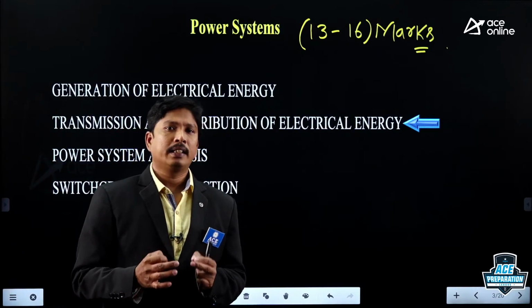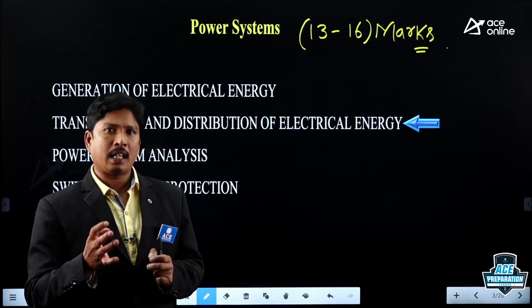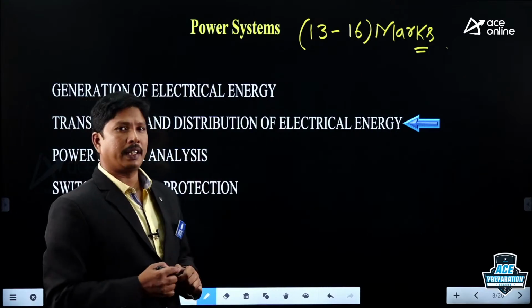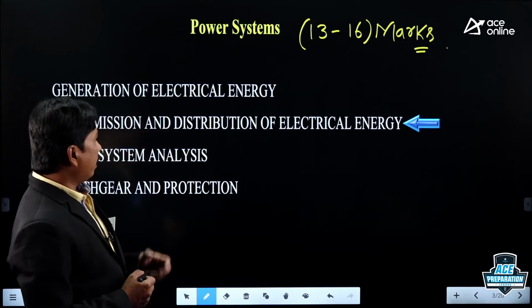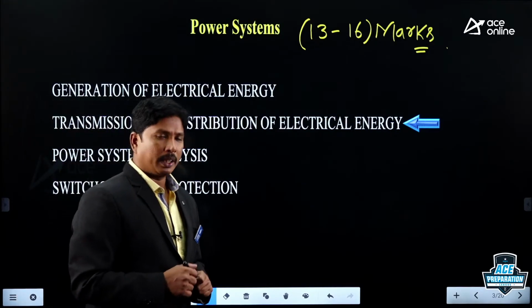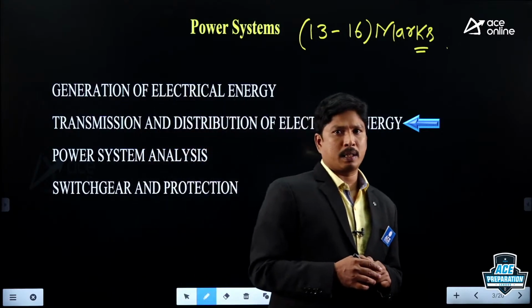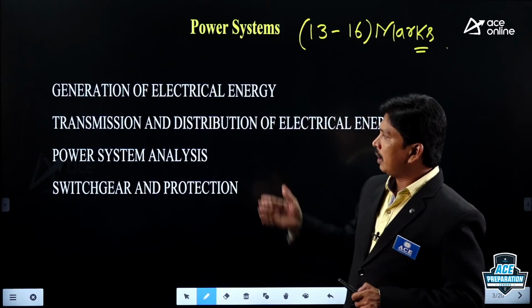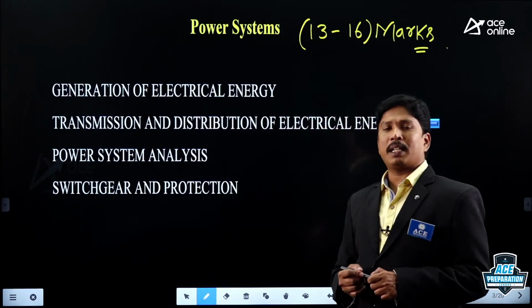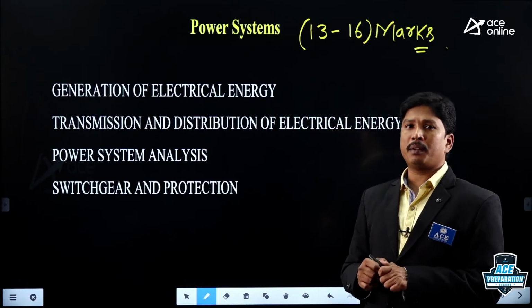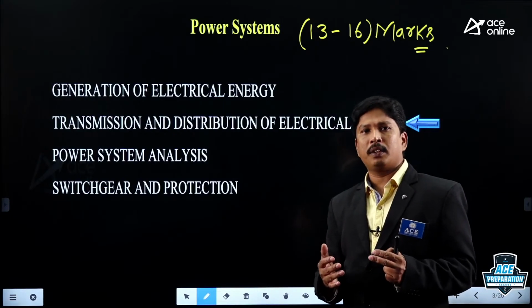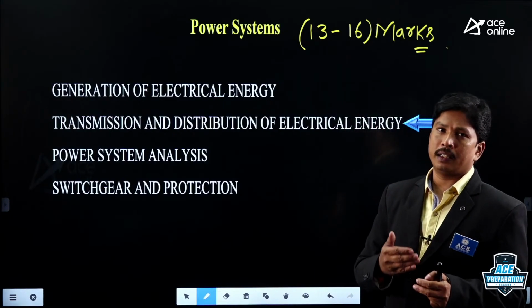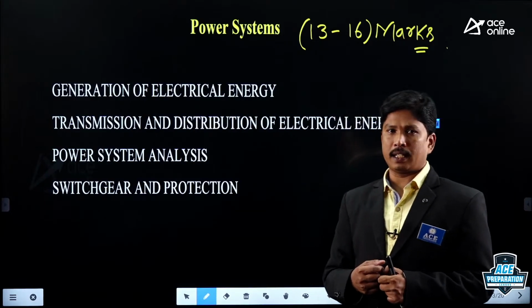We see the economics of generation and economic load dispatch in the generation part. Coming to transmission and distribution, we are going to discuss this part clearly. Coming to power system analysis, the major portion consists of load flow analysis, fault analysis and stability analysis.